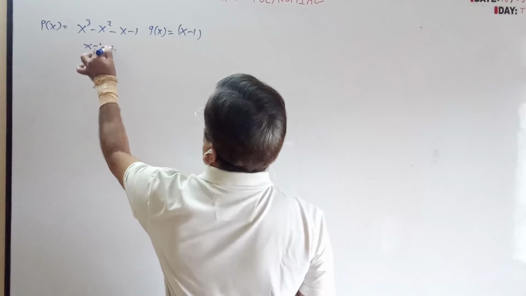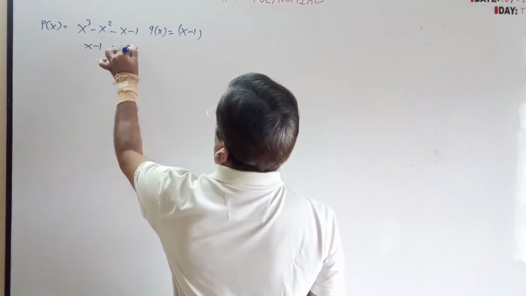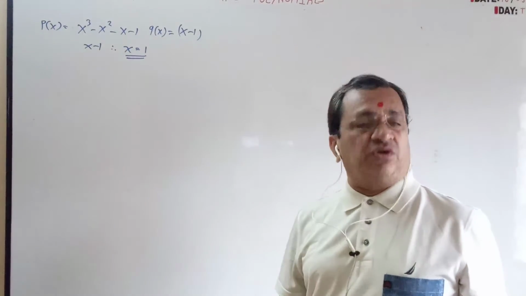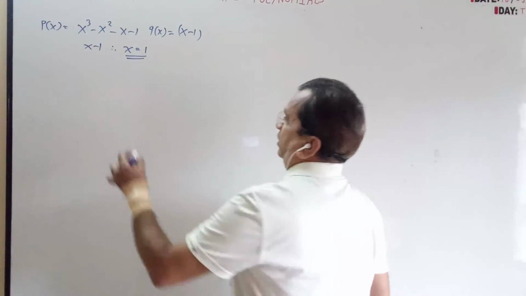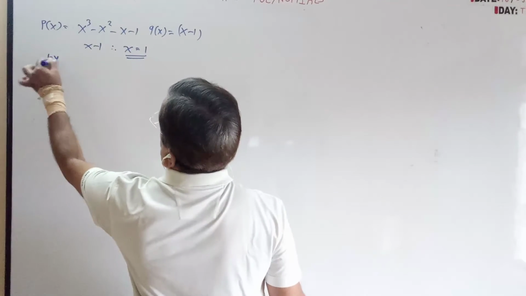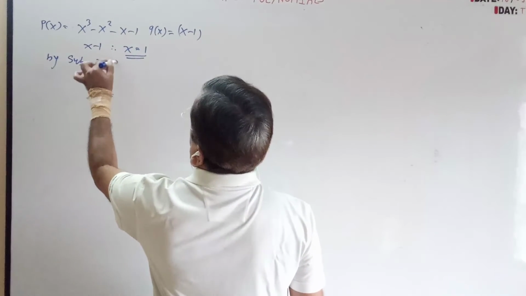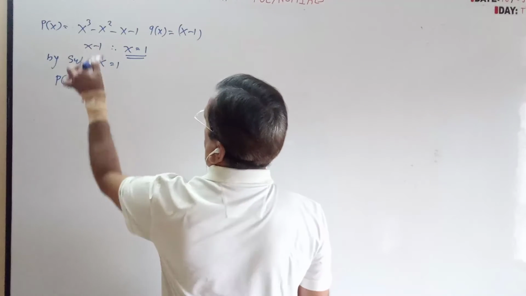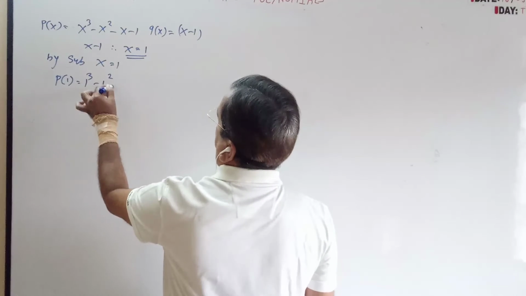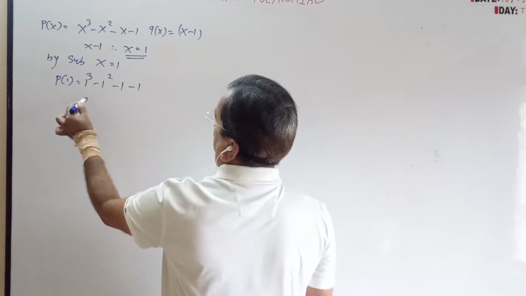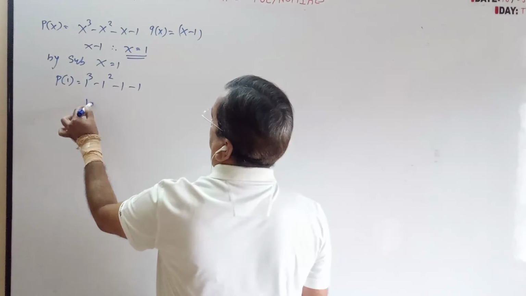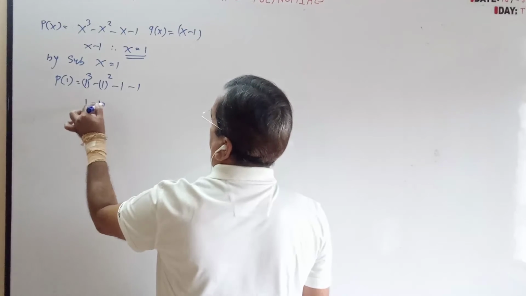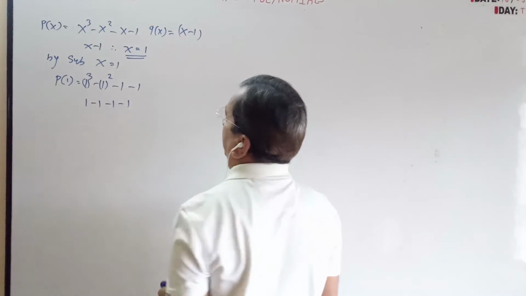X minus 1, therefore x is equal to 1. By substituting x is equal to 1, P of 1 is 1 cube, 1 square, 1, 1, 1.